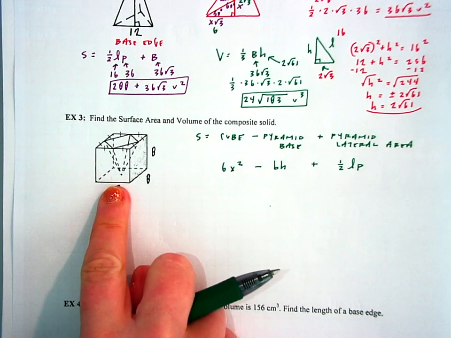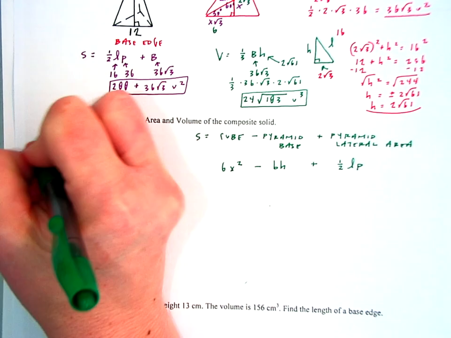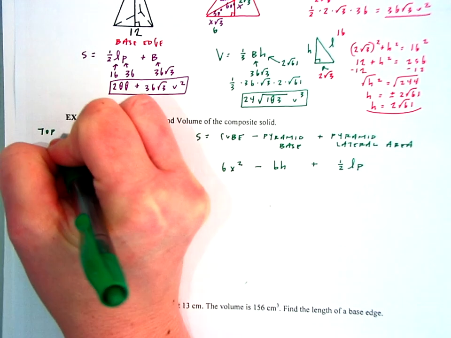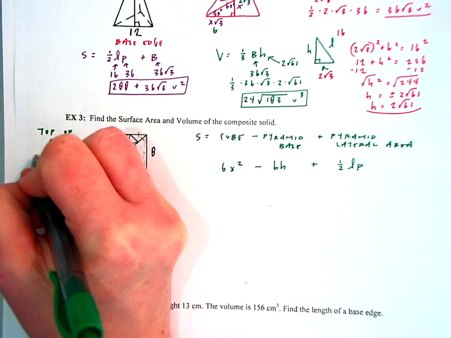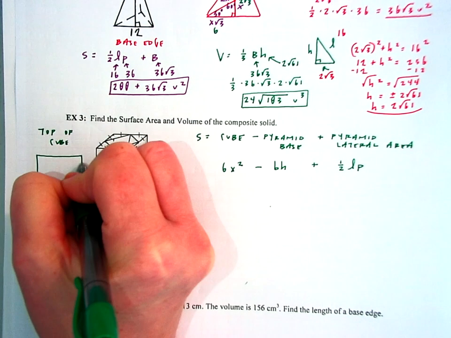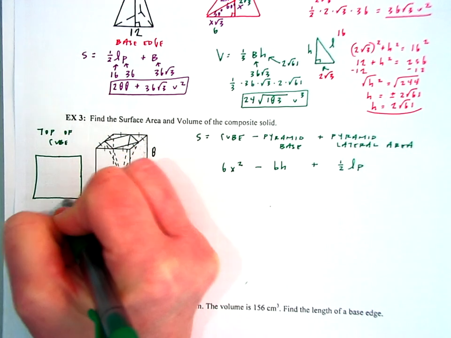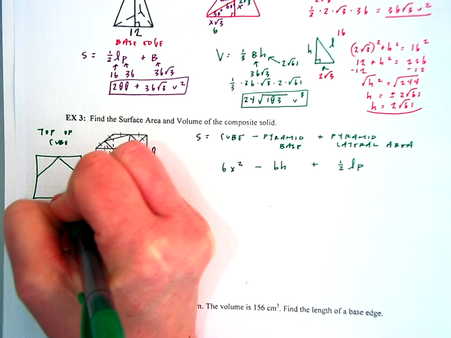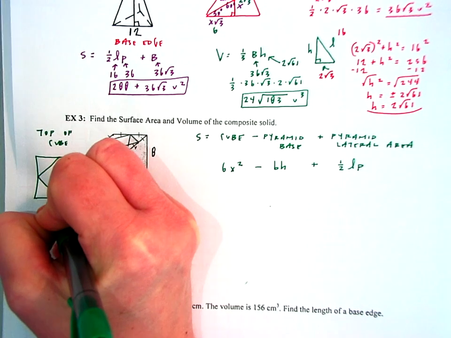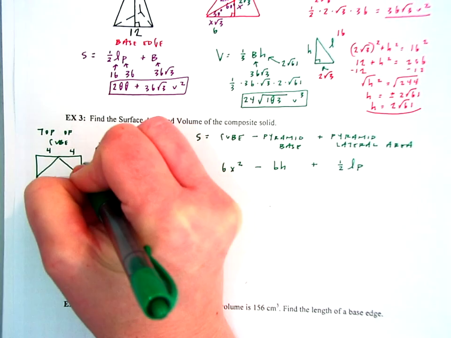So if I look at my figure, let's say I picture a top view of my figure. Let me draw the top of the cube. So here is a big square. And then here, just connecting all these midpoints like so. Okay, I'm going to see that here would be 4, 4 all the way around.